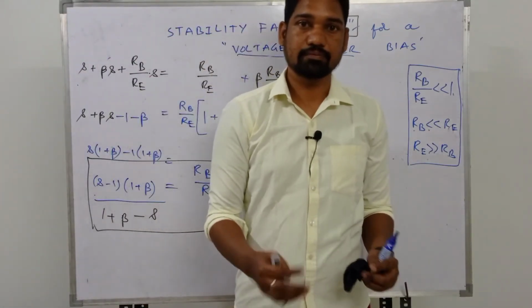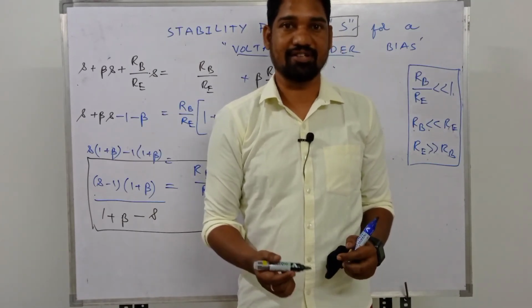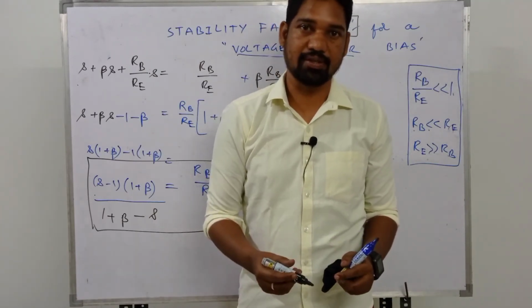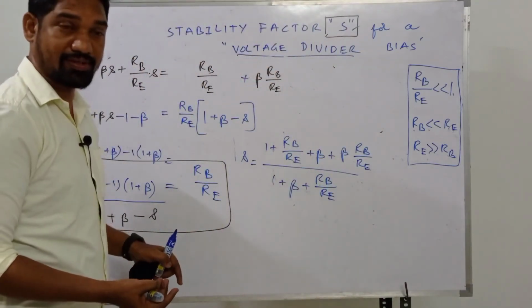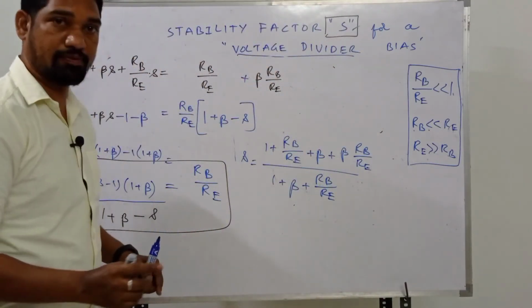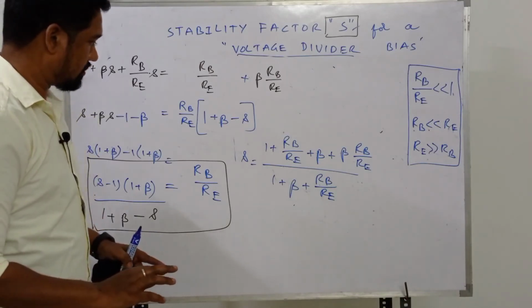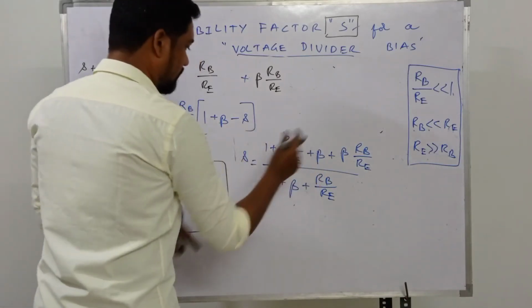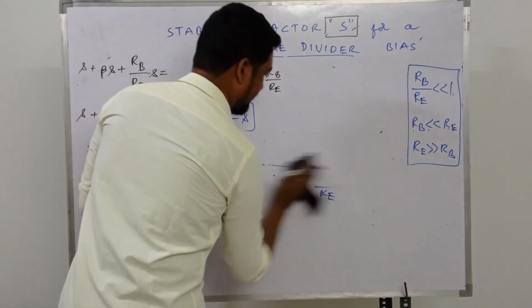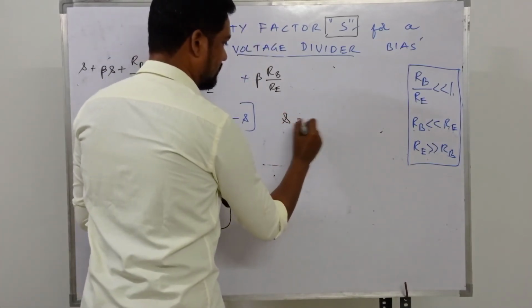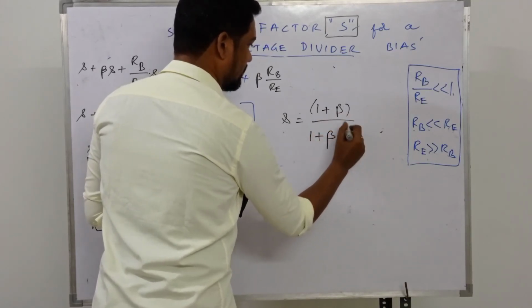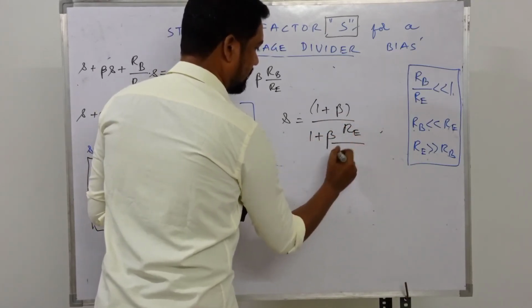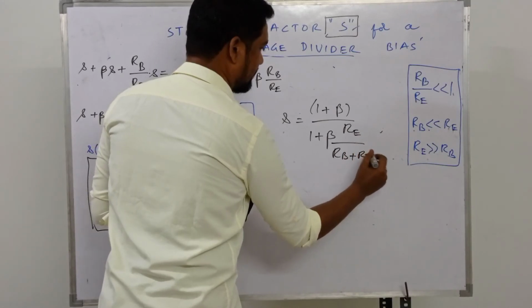Guys, believe me, an important relationship, RB by RE, that comes into the picture, will be very helpful in designing a self-bias circuit, I mean a voltage divider bias circuit, right? So hope you understood the analysis. We started from the relationship alpha beta, and finally what was proved? S is equal to 1 plus beta by 1 plus beta RE by RB plus RE, right?